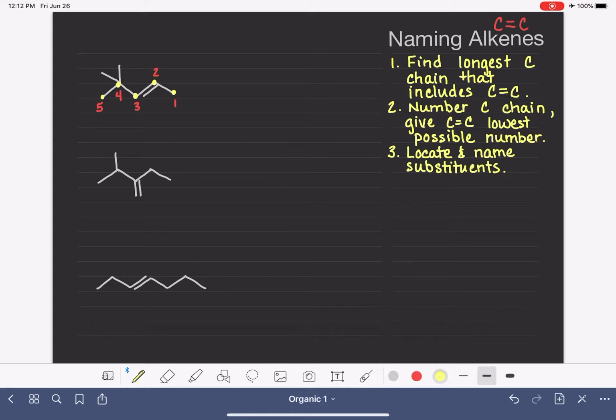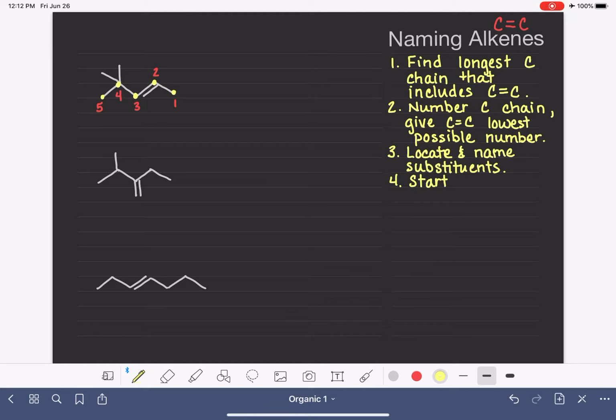When we put the molecule's name all together, we have to begin the name of the molecule with a prefix that would indicate the stereochemistry of the double bond, if the double bond has stereochemistry. Right now, the only way that we know how to indicate stereochemistry of an alkene is with the prefixes cis or trans.